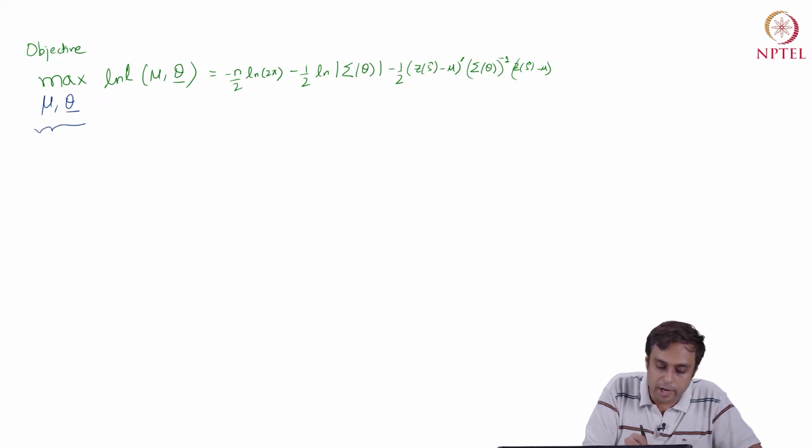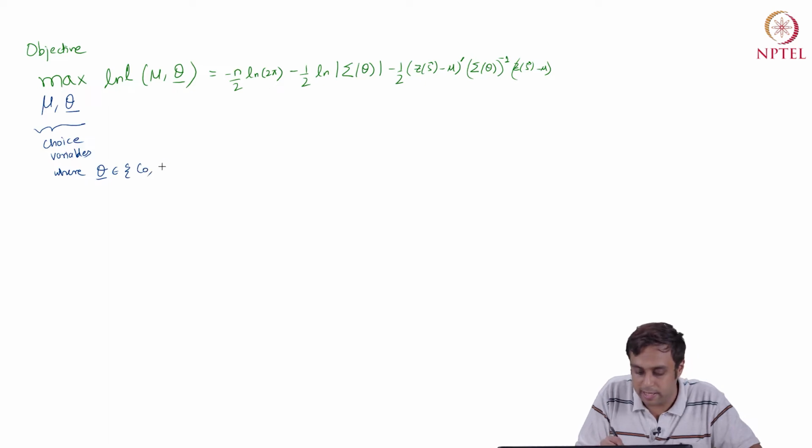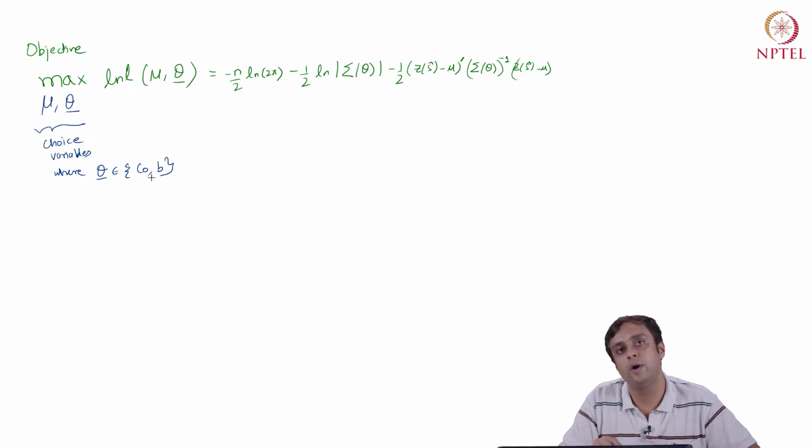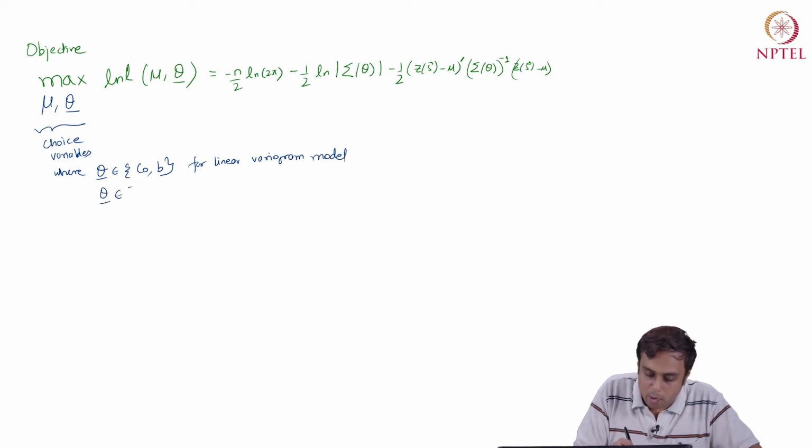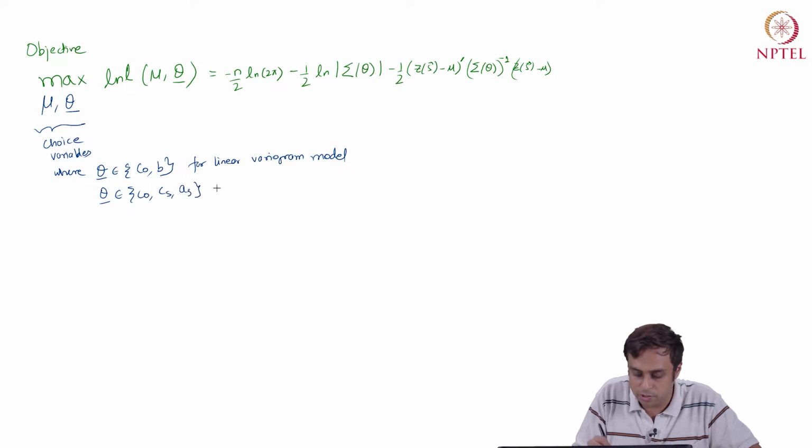Okay. So our choice variables are mu and theta, and theta itself is composed of components like the nugget and B, that is C0 and B, for the linear variogram model. In case of the spherical model, we had the nugget, the sill and the range.